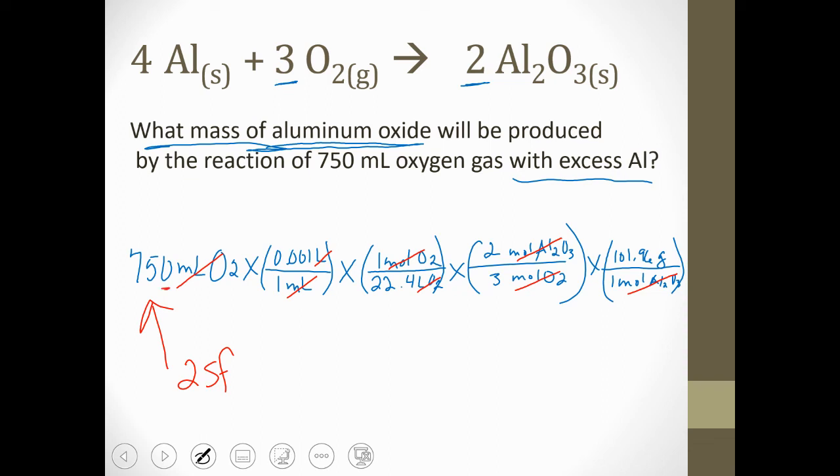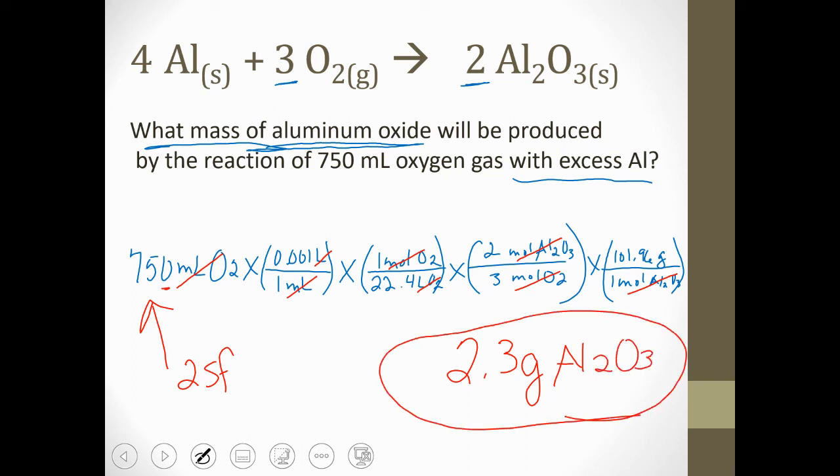This trailing 0 doesn't count because there's not a decimal anywhere. Remember, for a trailing 0 to count, there has to be a decimal somewhere. So this is only 2 sig figs, so I'm going to take my answer, round it to 2 sig figs, and make sure that I have a label.